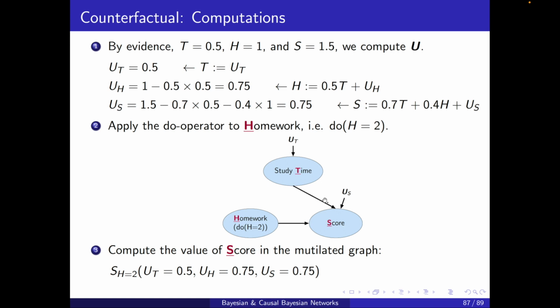I need to calculate it from this equation here, and by using the fact that homework is set to the value of 2, and I know the value of T and US. So I can calculate it, and then I will get 1.9. The previous score was 1.5. So yes, indeed, the score would increase.